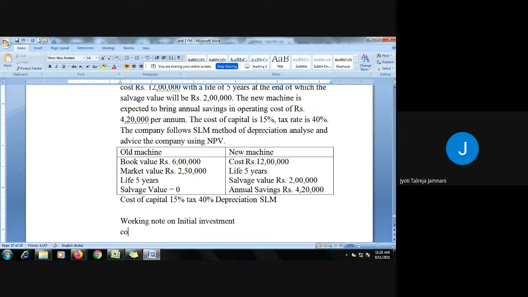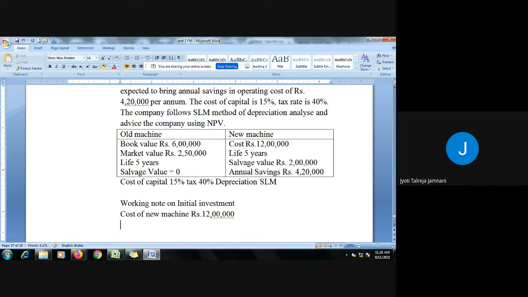So cost of new machine, rupees 12 lakh, less recovery from old machine. If we are buying the new machine, we are going to sell the old machine. We are supposed to sell it for 2,50,000.